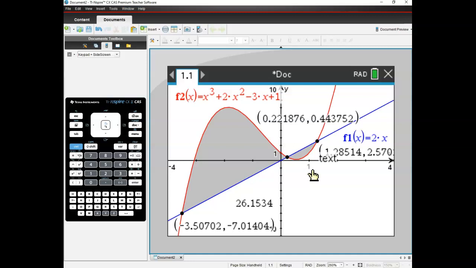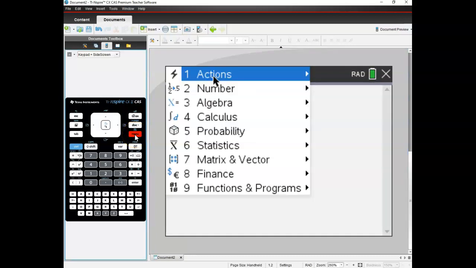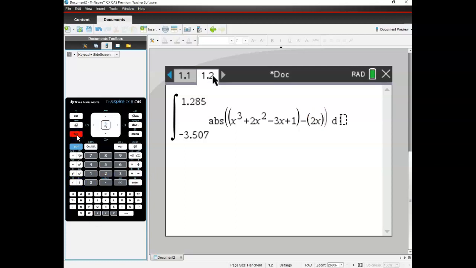Okay. Now, also, if I left my f2 as top and f1 as bottom, and I added a calculator page and went Menu, 4, 3, and I did my lower limit of negative 3.507 and went up to 1.285, and inside that I did the absolute value of, and then I typed in my x cubed, I need another parenthesis there, I think, because I want this to be in one function, plus 2x squared minus 3x plus 1, and then I'm closing that parenthesis and saying minus 2x, close it, and then saying tab a dx.